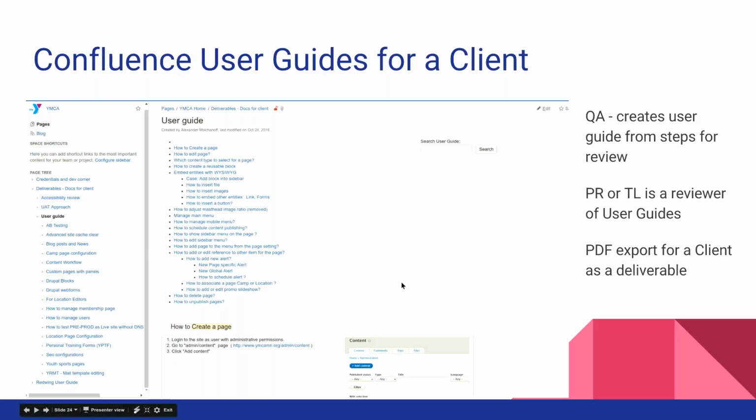For the creation of the user guides, we are using steps for review that are created by developers, reviewed by QA, and then copy-pasted to Confluence and enriched with screenshots or additional explanations for better understanding for a client.